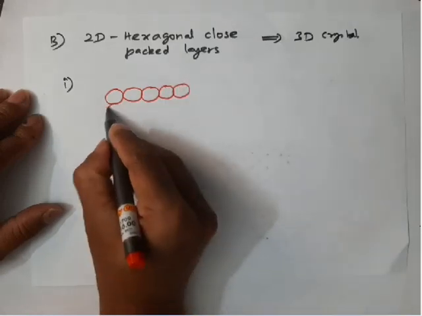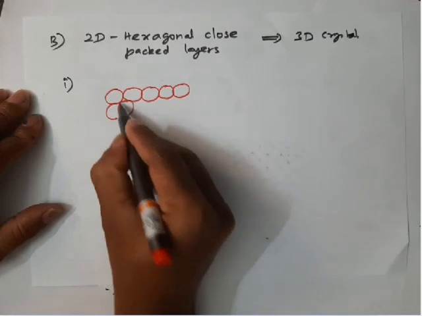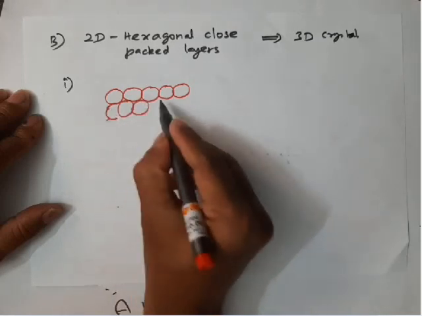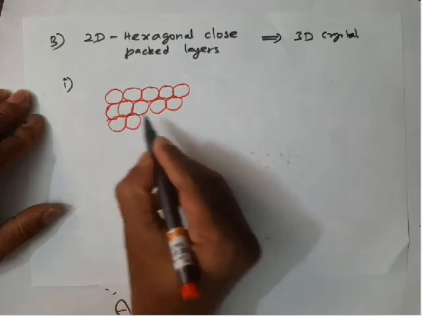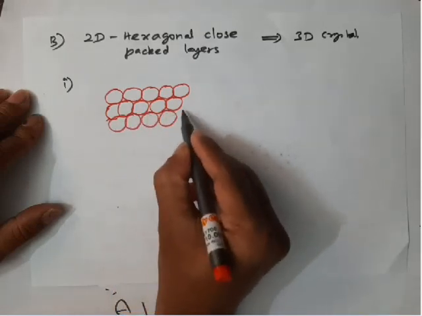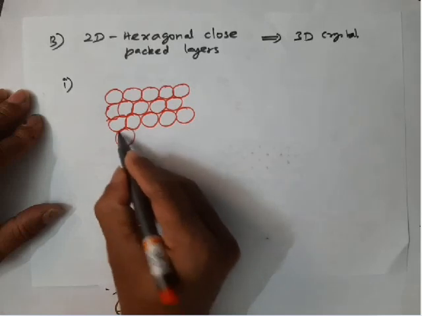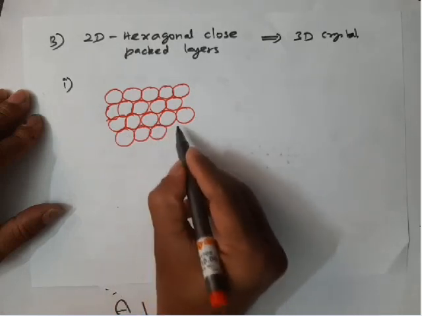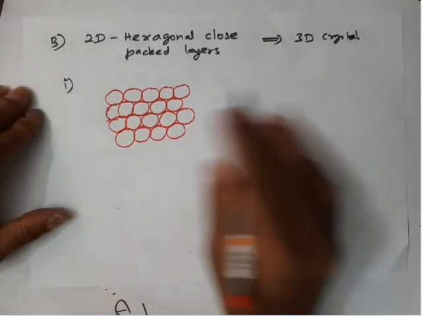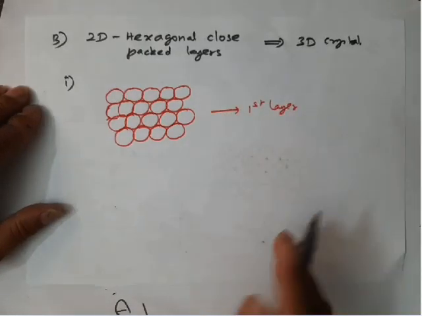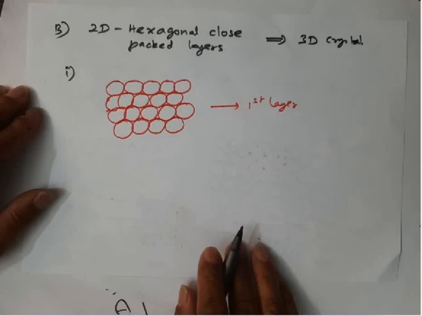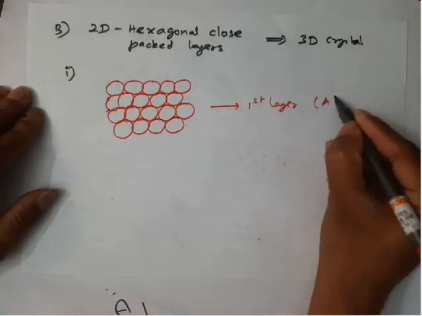Oh, I'm sorry, we should place it in the depressions of the first row. Let me draw like this. Students, you have to observe this carefully. So this is the first layer. Let me represent the first layer as A.